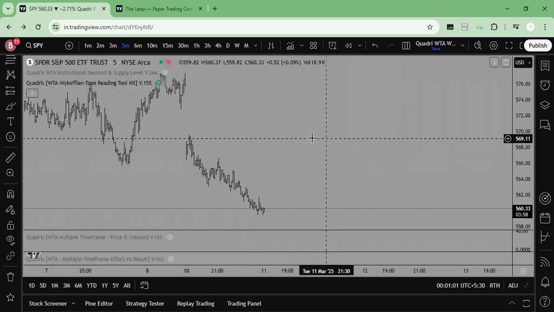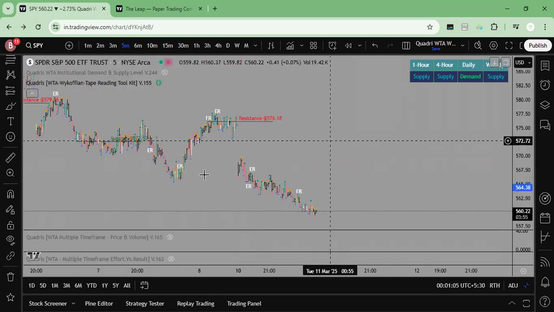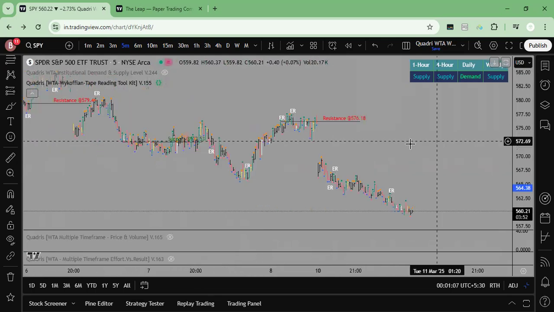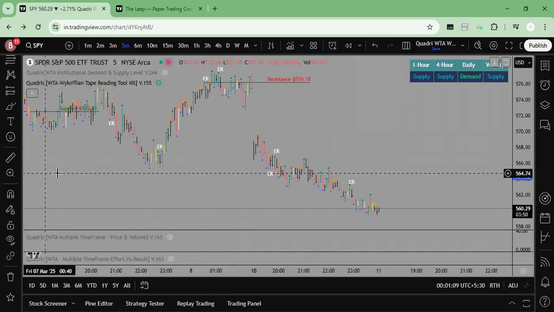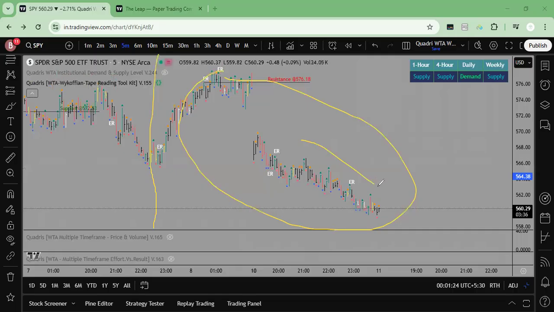To be very precise and short, in this video of 15 or 30 minutes, I'll try my level best to explain what has happened in this particular price action, why price went down according to this Tape Reading Toolkit, what we can analyze and how we should interpret it.